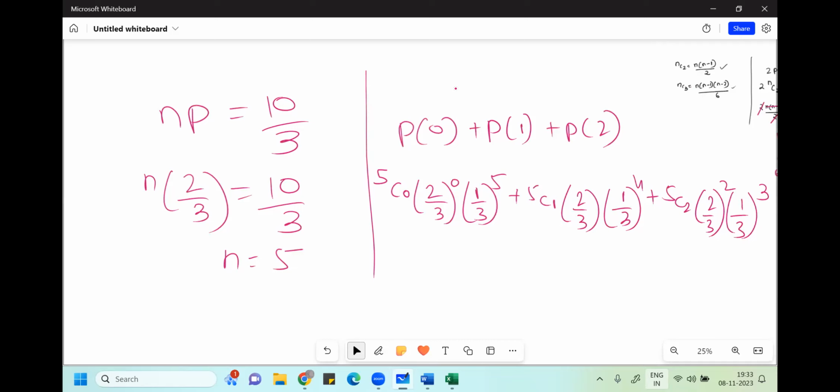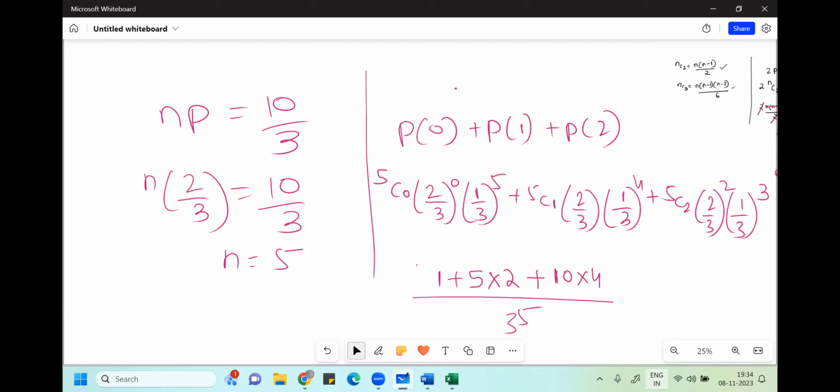So this is 1. Just focus on denominator. This would be 3 to the power 5 is denominator. This is 1, plus this is 5. 5c1 is 5 into 2, plus this is 5. 5c2 is 10. 2 to the power 2 is 4.